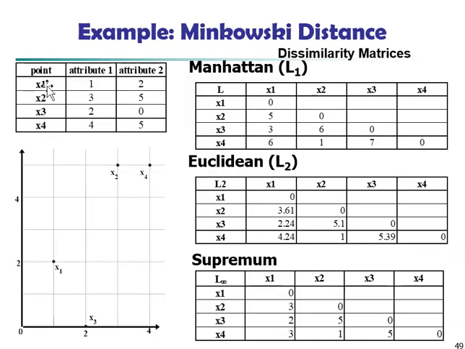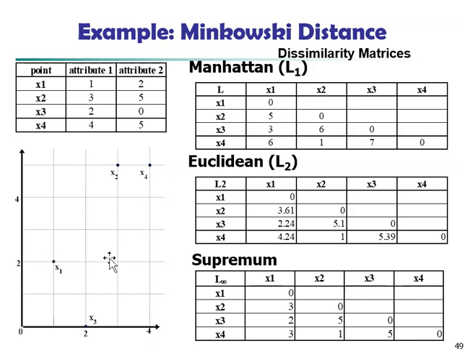So we have a vector space. Here we have those points that we plotted here. x1 is 1 and 2, so it's right here. And we also plotted x2, x3, and x4. So the Manhattan distance between, let's say, just use x1 and x2 as an example.